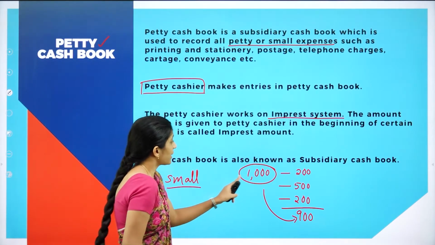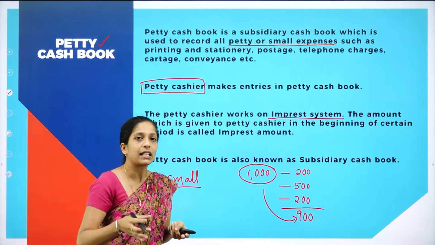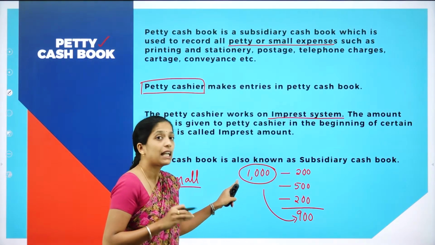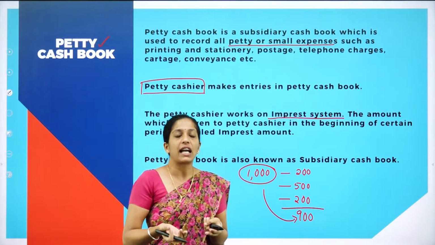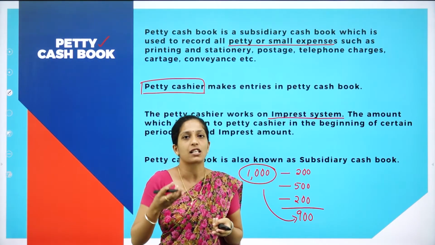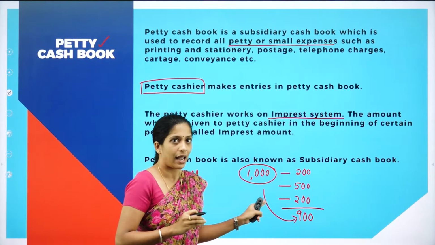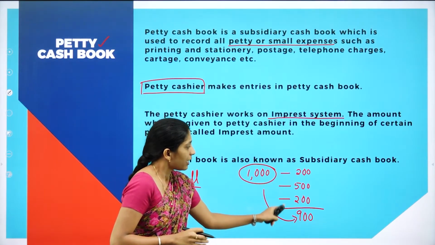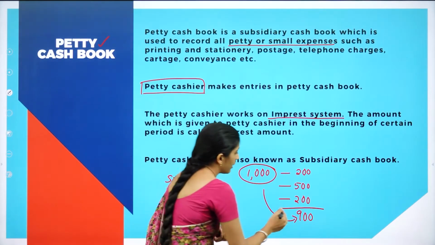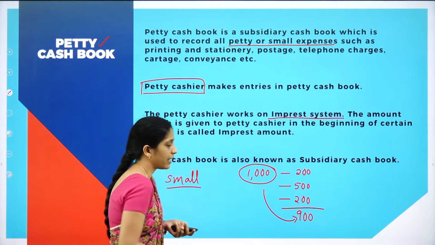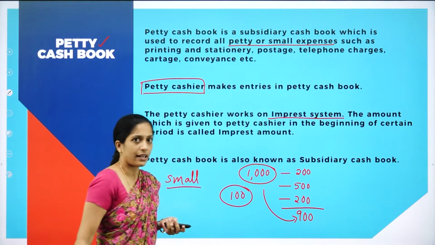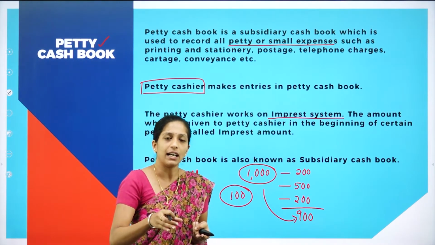Clear? So this amount which is given by the main cashier to the petty cashier at the beginning of a particular period is known as the imprest amount. Now the petty cashier keeps that imprest amount and has to see that all these petty expenses are incurred from this amount. Now he has done all these expenses and the remaining amount is 1000 minus 900, so he has 100 rupees in his hand at the end of that particular month.